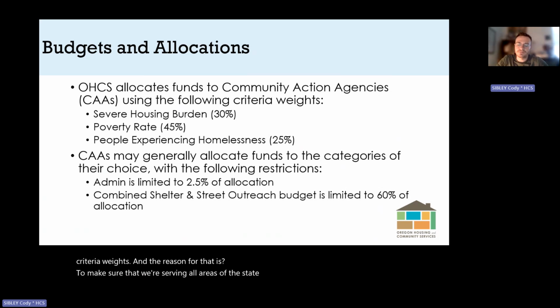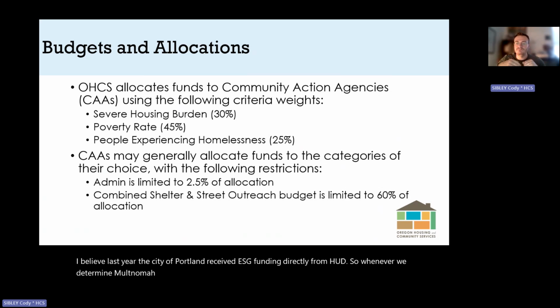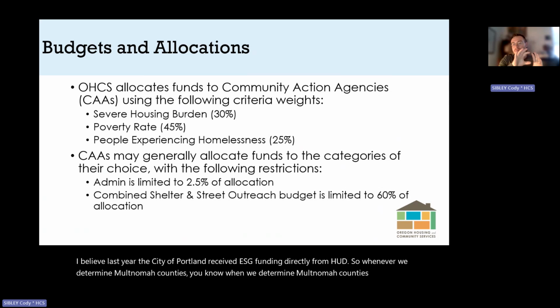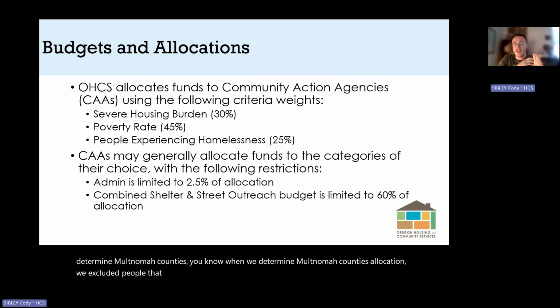So for example, I believe last year the city of Portland received ESG funding directly from HUD. So when we determine Multnomah County's allocation, we excluded people that were living in Portland, and we looked at the rest of Multnomah County, right? So we looked at Gresham, we looked at Troutdale, Fairview, etc.